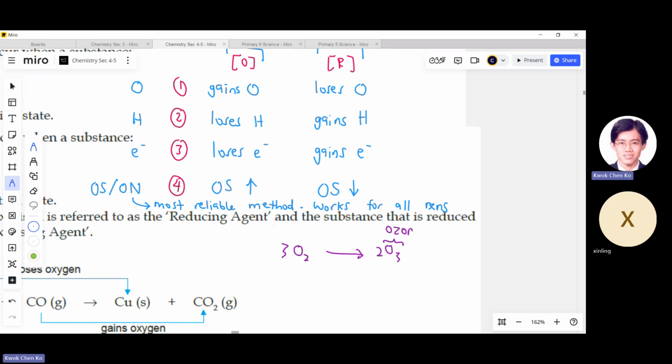Maybe you have heard about it. Oxidation or reduction? This reaction. Quite unusual. Oxidation or reduction? Not sure, right? It seems to gain oxygen. Seems to. How about let's try working on the oxidation state?